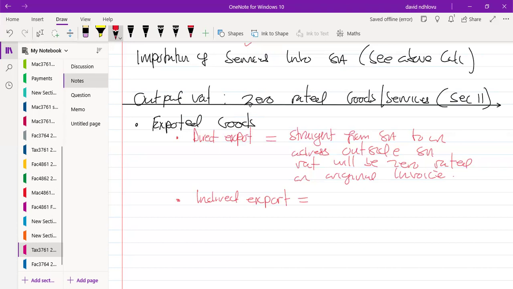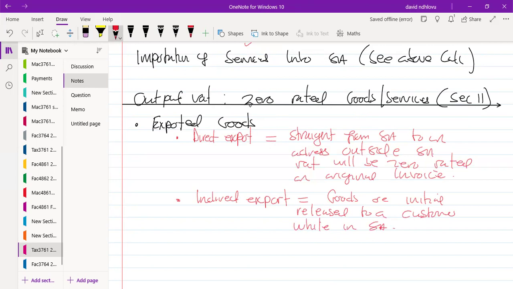Now, an indirect export is where the goods are initially released to a customer while in South Africa.